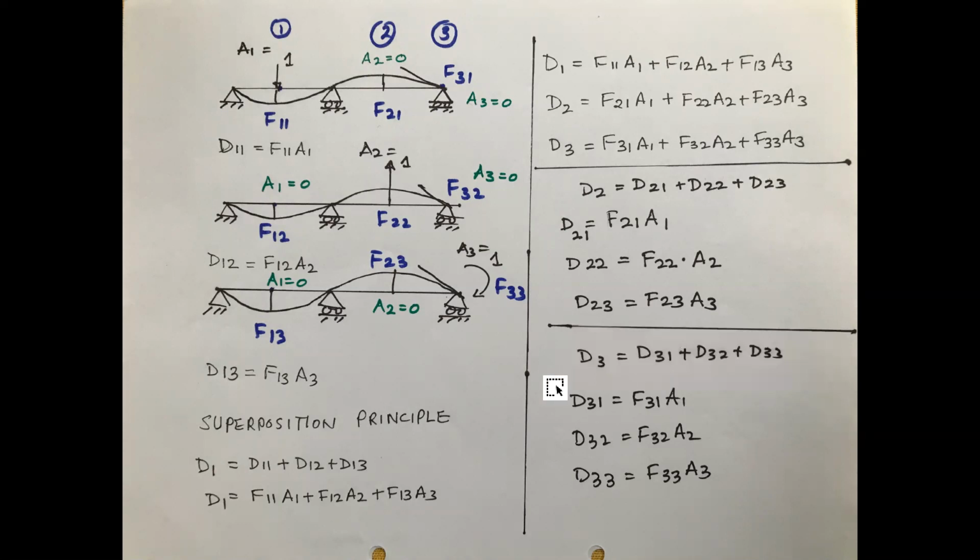D31 is nothing but F31 times A1 because of A1 here. Similarly, D32 is nothing but F32 times A2 applied here, and D33 is F33 times A3 here. And together, D31 plus D32 plus D33 give you the rotation at this joint.